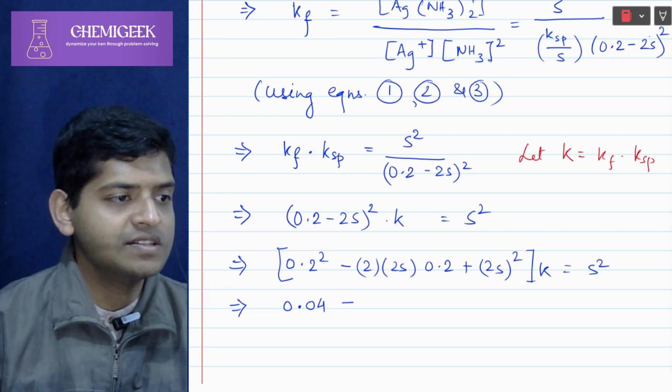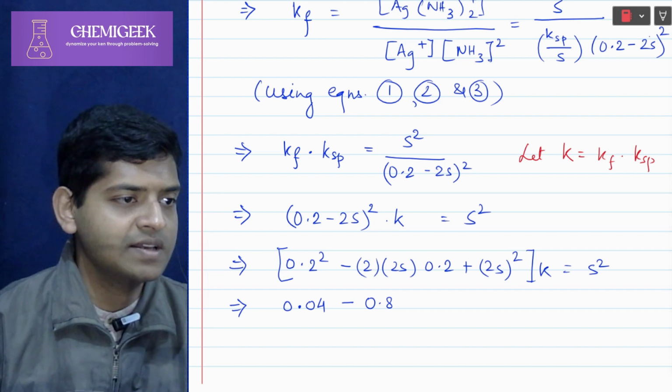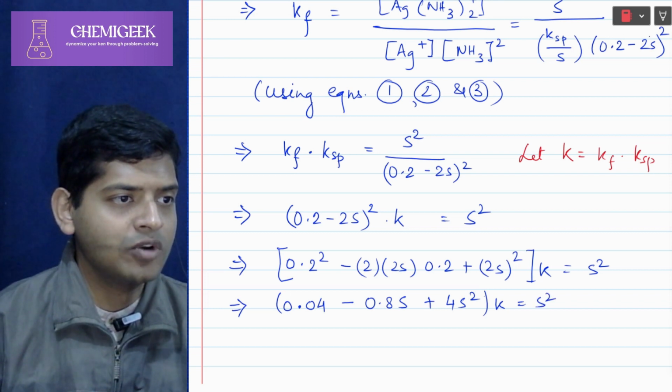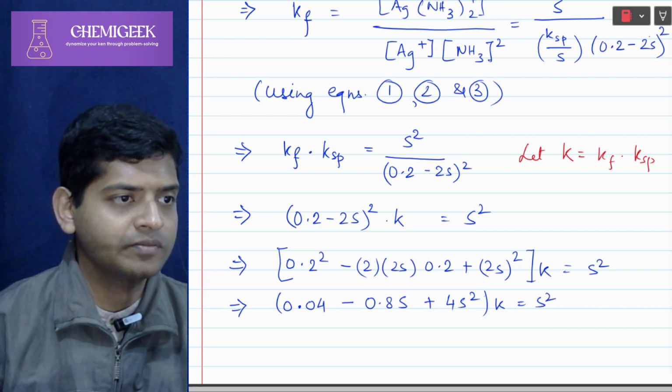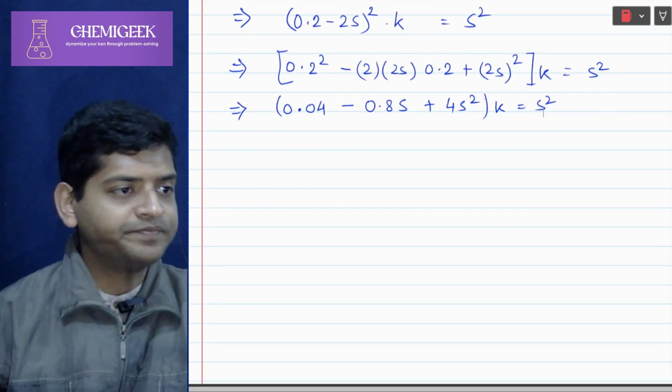This gives us 0.04, which is the square of 0.2, minus 2 multiplied by 0.2, which is 0.8 S, plus 4 S square, whole multiplied by K is equal to S square.